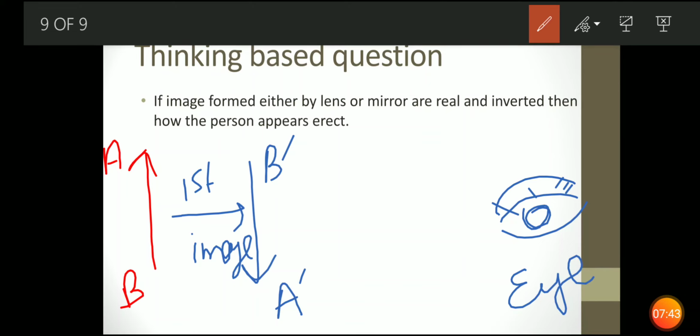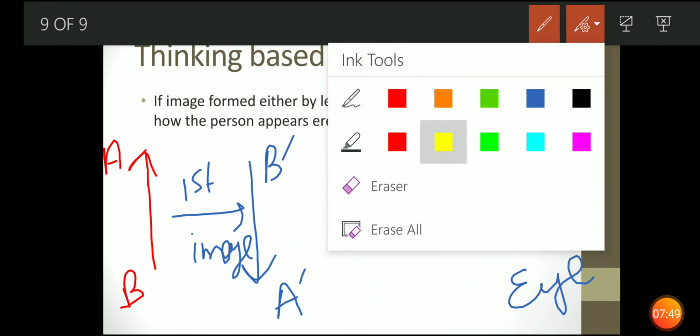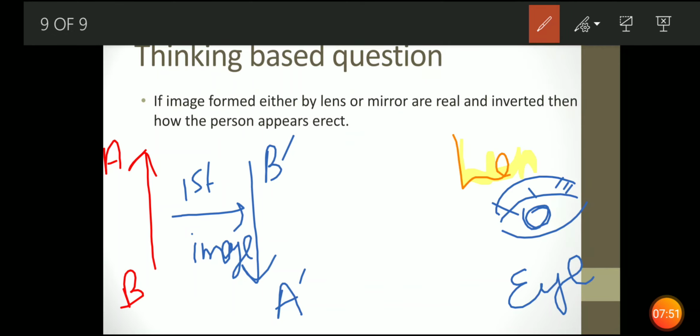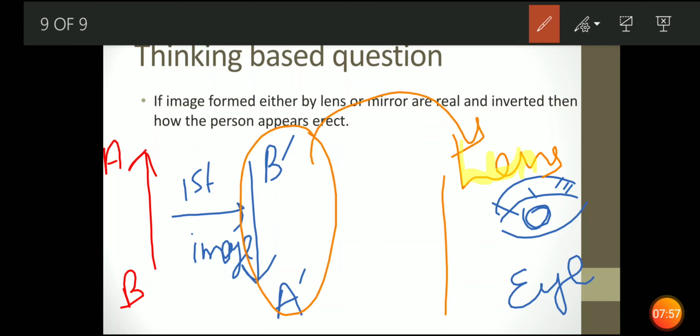Okay. Now your eye has a lens. Fine. So this inverted image will again form in the lens. That will appear straight. So say it as A double dash and this is B double dash.